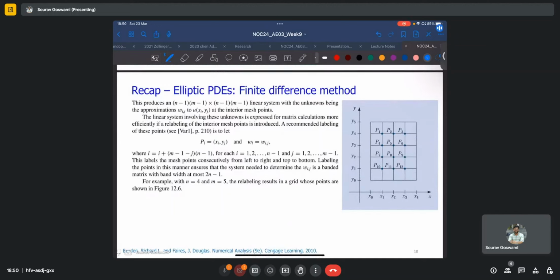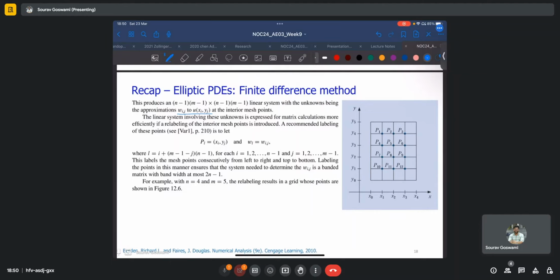And in essence, this will produce an (n minus 1)(m minus 1) cross (n minus 1)(m minus 1) linear system with the unknowns being the approximations w to our function u of x,y at the interior mesh points. And the linear system involving these unknowns is expressed for matrix calculations more efficiently following a different labeling procedure, which is just illustrated here for your purpose.